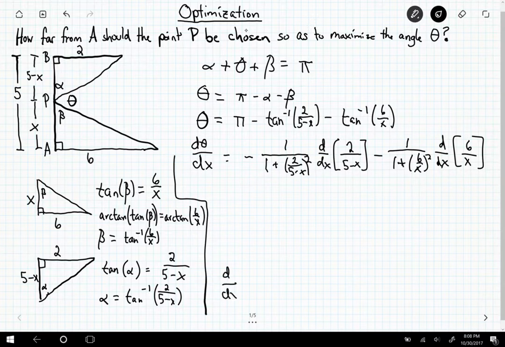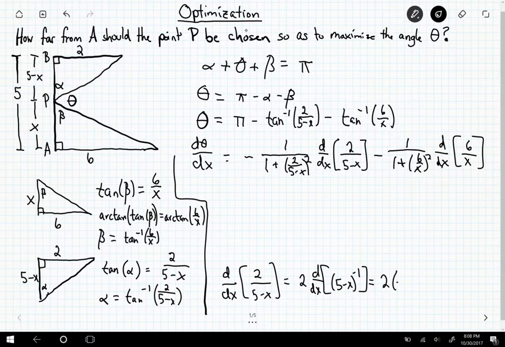In terms of the derivative of 2 over 5 minus x, another way to write that is to pull the 2 out in front, so that's 2 times the derivative of 5 minus x raised to the negative 1 power. So this becomes 2 times negative 1 times 5 minus x to the negative 2. Then times the derivative of the inside, which is negative 1.